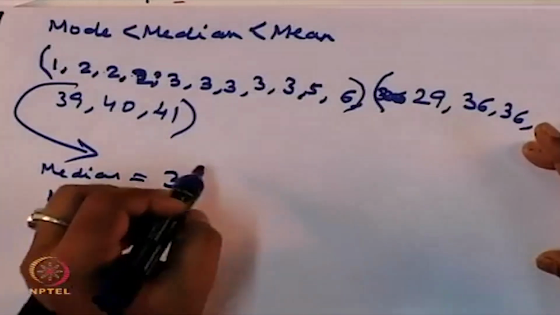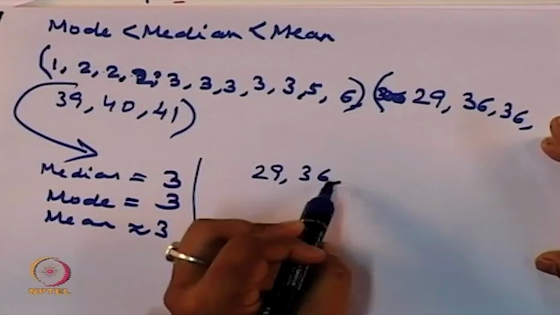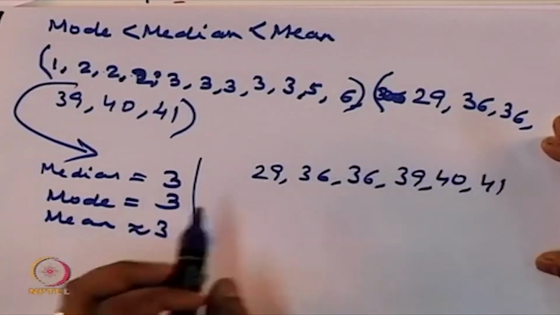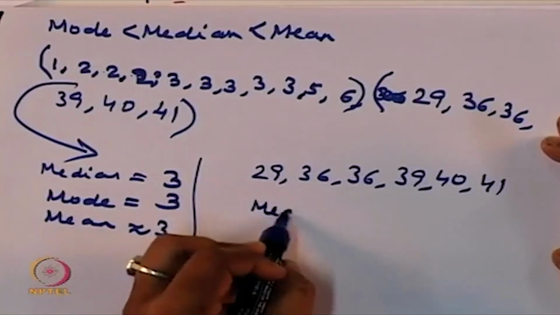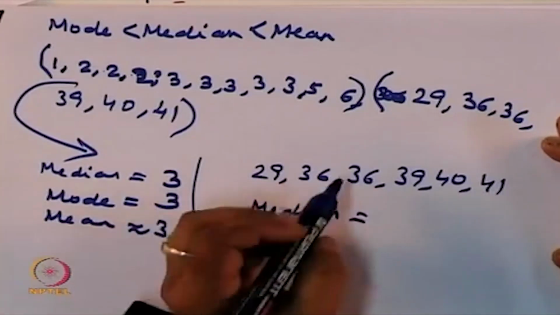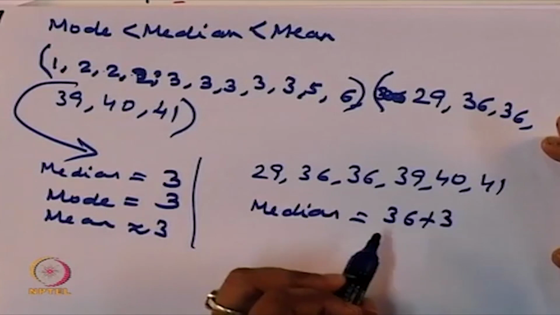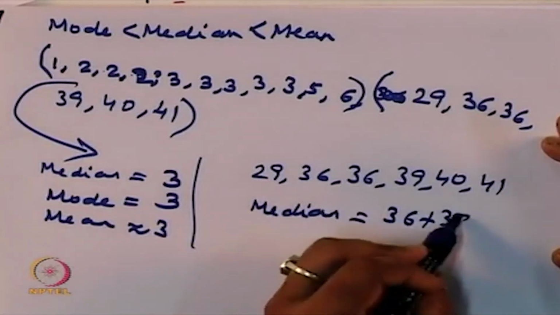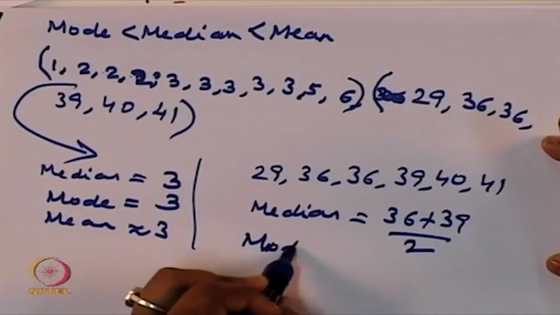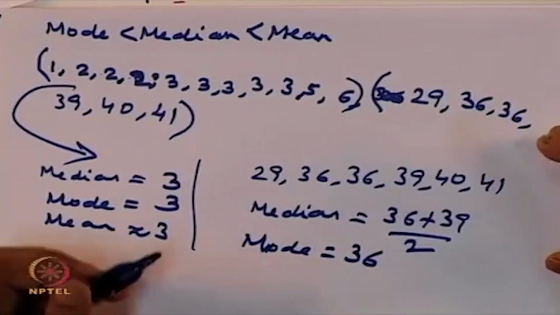And for this set you have numbers 29, 36, 36, 39, 40, 41. For these numbers my median is going to be 36 plus 39 by 2. My mode is equal to 36, and the mean will also be somewhere in between.